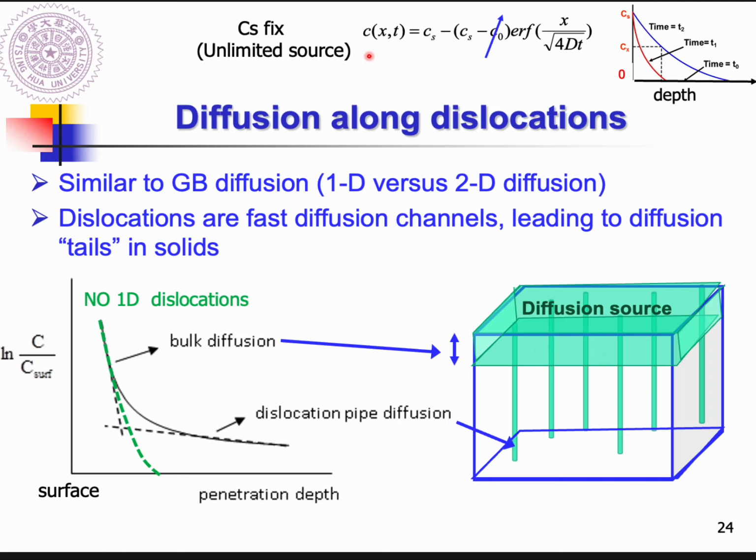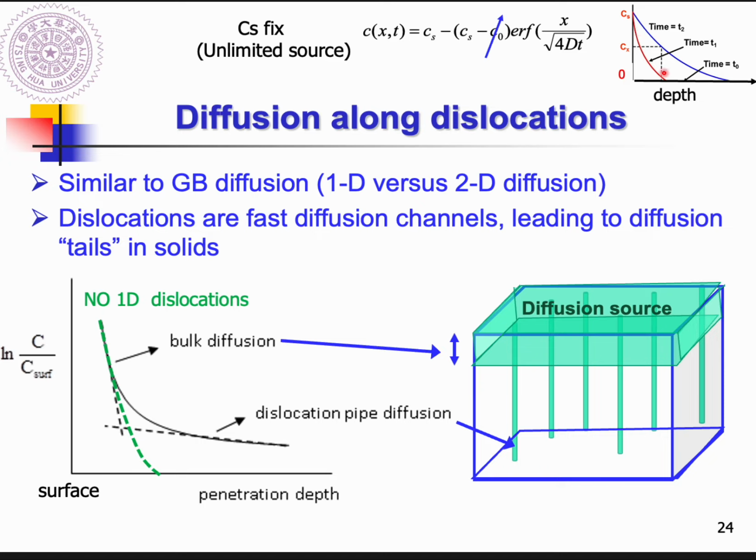It demonstrates that if we have an unlimited source, which means we deposit a diffusion source on the top of our substrate, then the concentration profile can be expressed by this solution. And if you plot the concentration of diffusing atoms as a function of depth x, it will turn out like this.